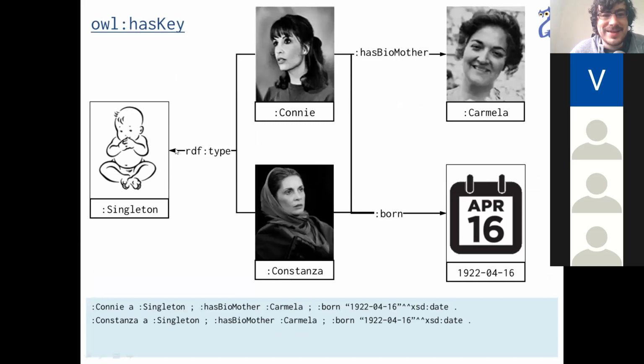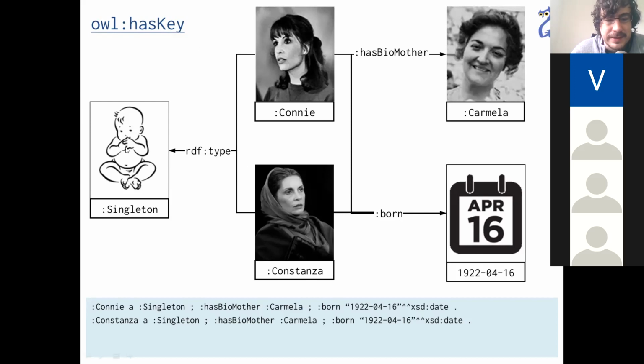Next we have has key. There's a lot going on here. It's a slightly complex example, but the idea I think is intuitive. We can say that two entities that have the same biological mother and have the same date of birth are the same, so long as they're not twins or triplets or quadruplets or whatever it might be.